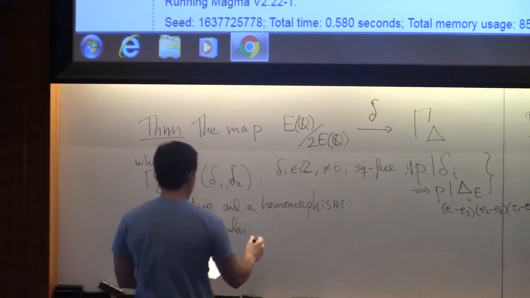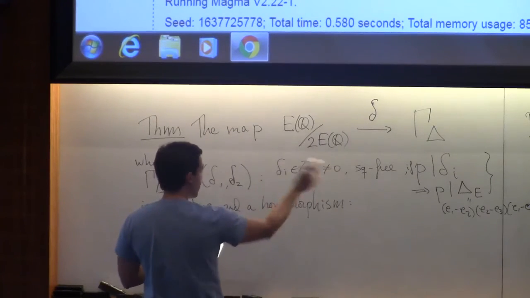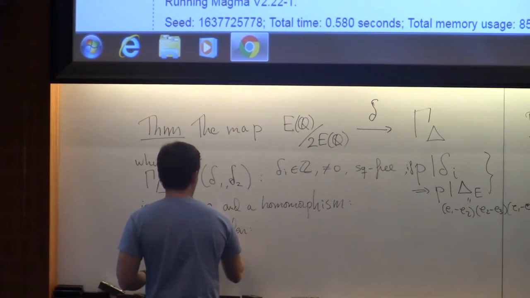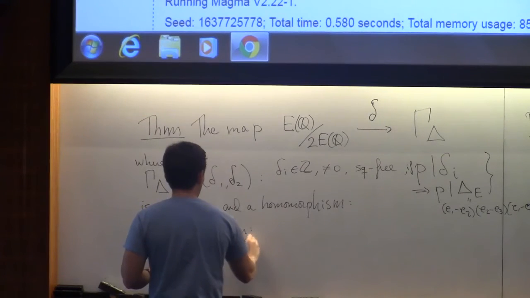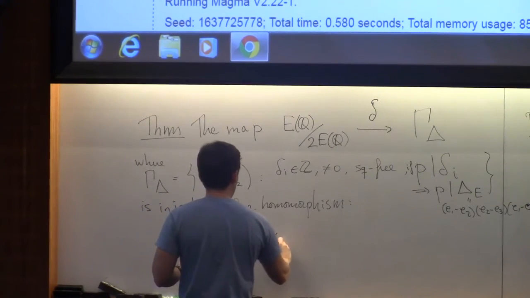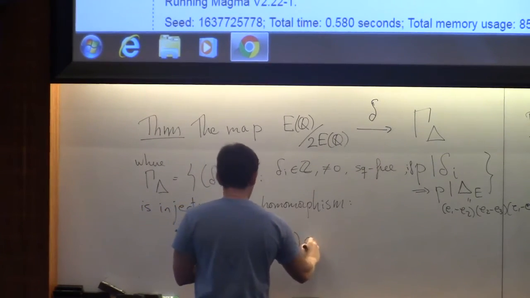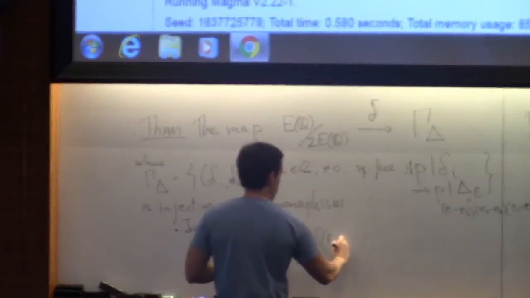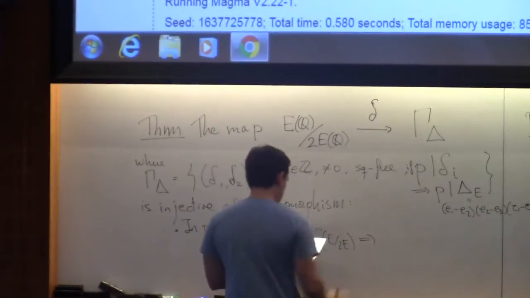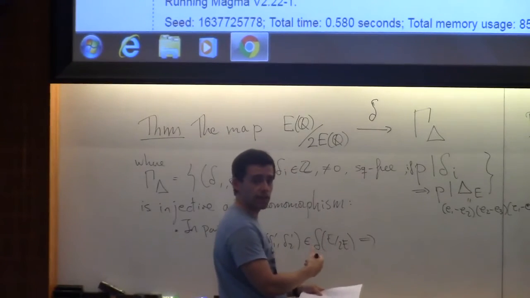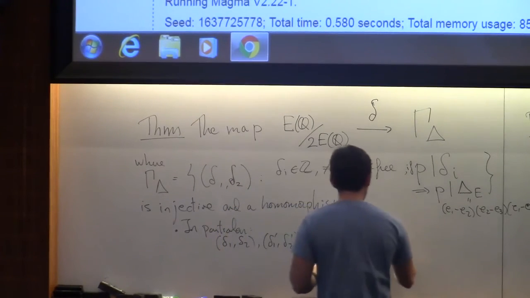So what I can say is, for instance, since it's a homomorphism, if a pair delta 1, delta 2 and a pair delta 1 prime, delta 2 prime are in the image, then their product is also in the image. Okay, so there are a lot of restrictions.